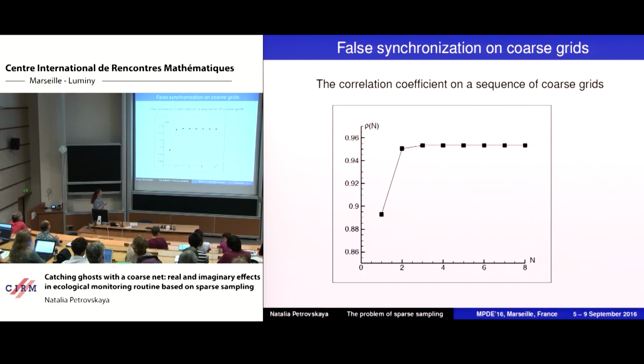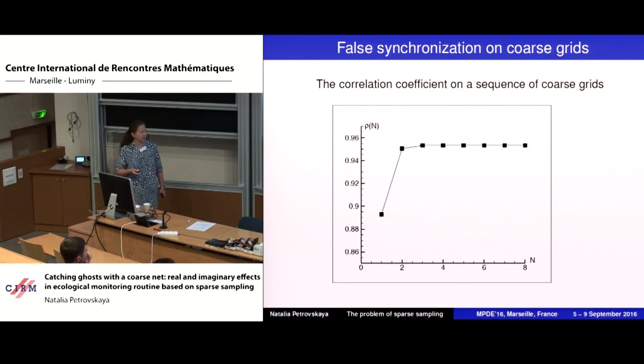But amazingly, if we now add more points to the grid, we have something that appears to be even more strongly correlated. So again, I want to emphasize, if we keep adding points to our sampling grid, then sooner or later we must converge to the true value.